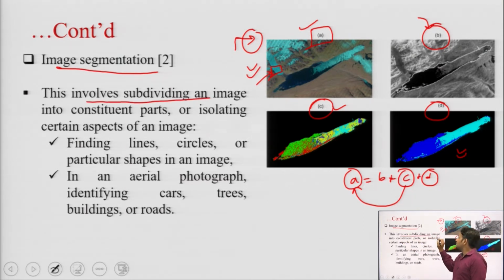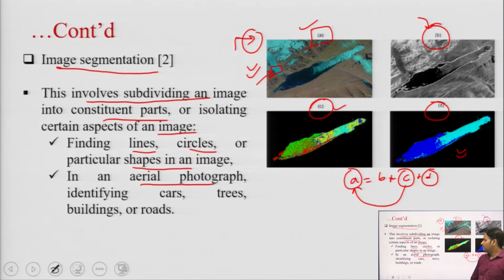It involves subdividing an image into constituent parts or isolating certain aspects of an image, finding lines, circles, and particular shapes. In an aerial photograph, the important part is identified using image segmentation. So, that is all about the image segmentation portion of digital image processing.